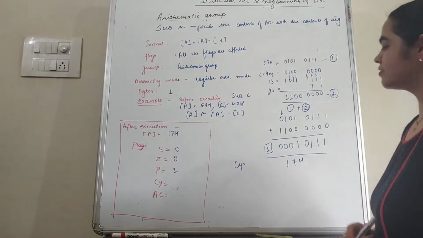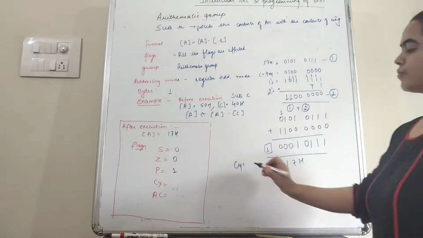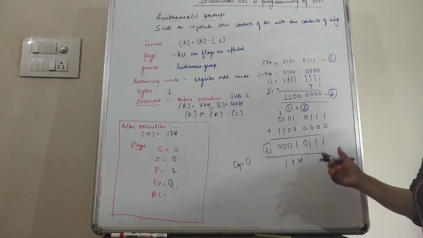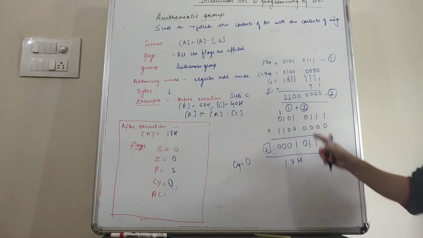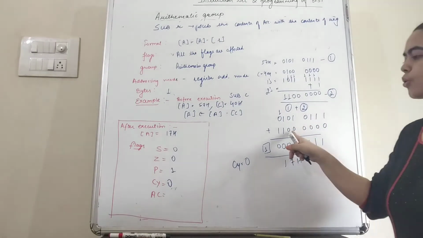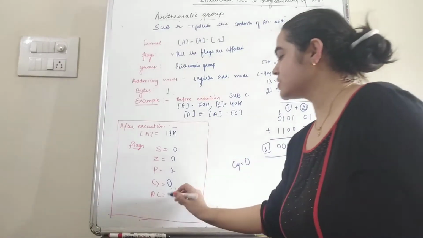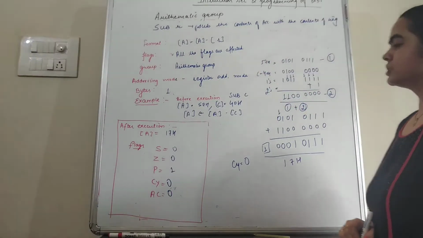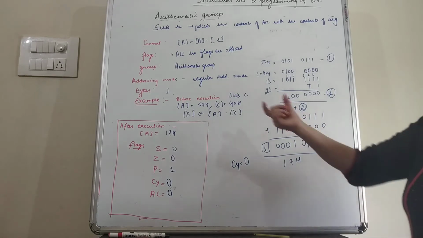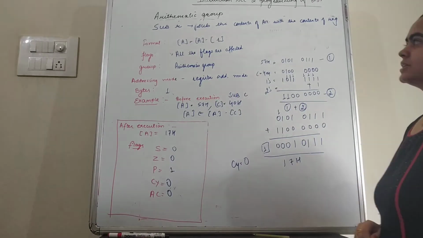So in this result we have carry equal to 1, that means we can reset the carry flag. Next is the auxiliary carry. No carry will be generated from the lower to the higher nibble, so the auxiliary carry is again 0. So this is the result after executing the instruction SUBC.